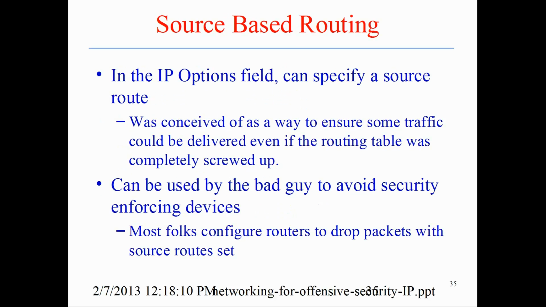So there are ways that the sender of traffic can decide how to route the packet, or can influence how to route the packet, and this is source-based routing. One of the options in the IPv4 header allows the sender to specify a source route.